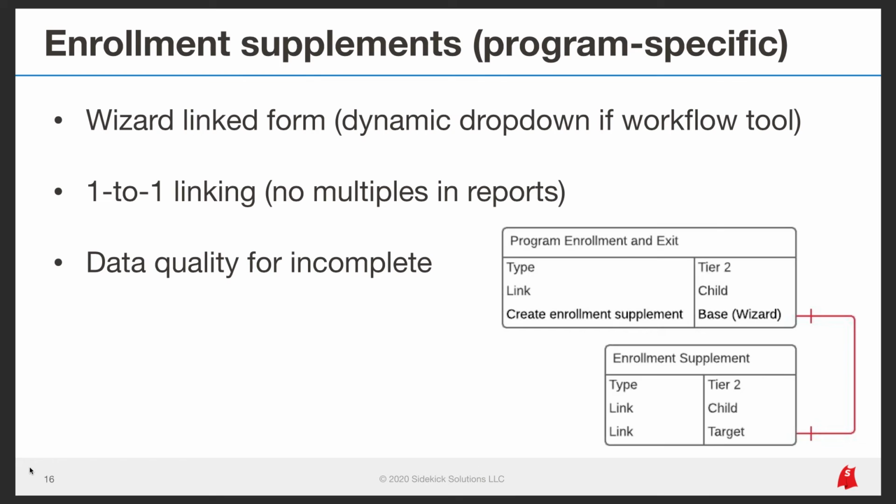Enrollment supplements are worth highlighting here because it meets the best of two worlds. You get a universal enrollment form and also program specificity. So Apricot systems are often modeled after a program's paper forms. That means that each program probably has a separate intake form or some variations.